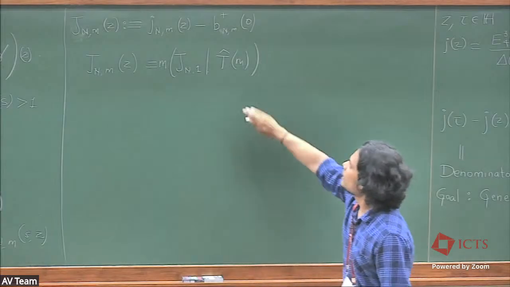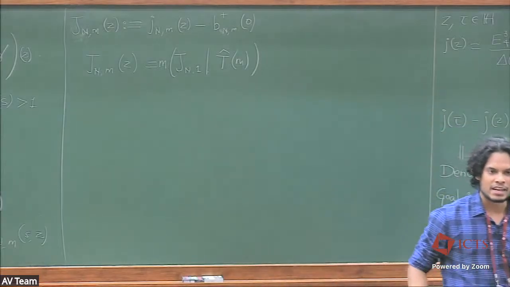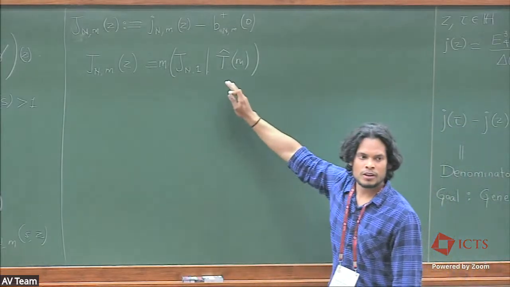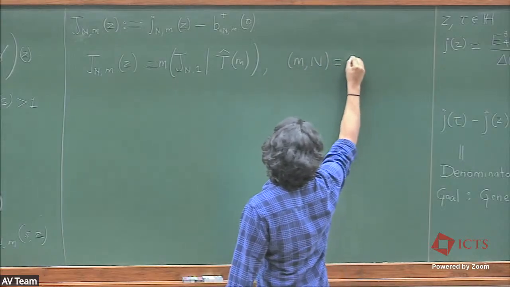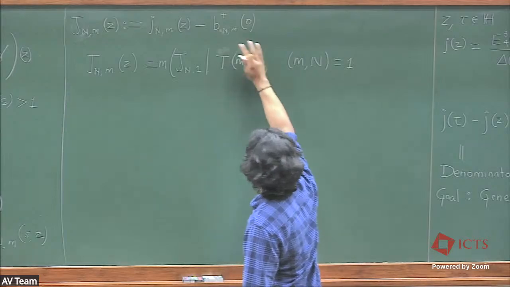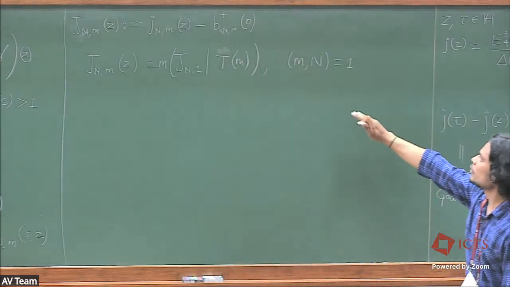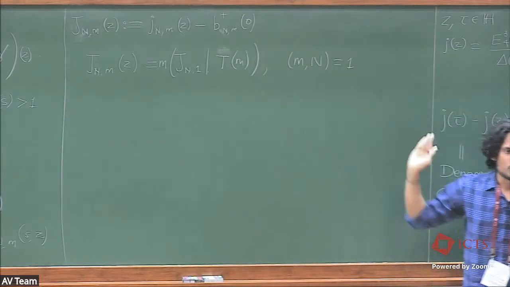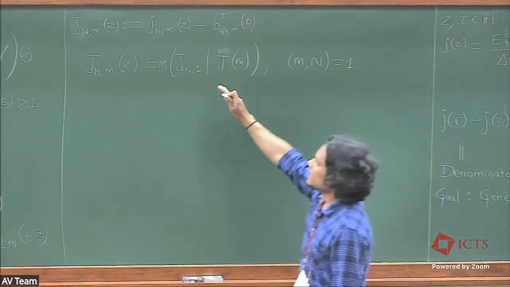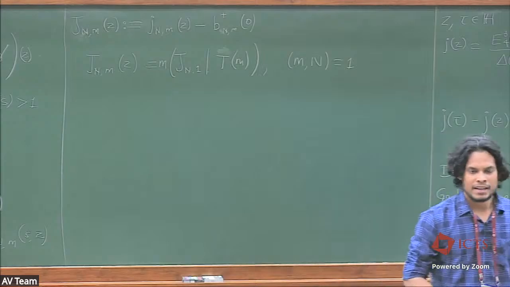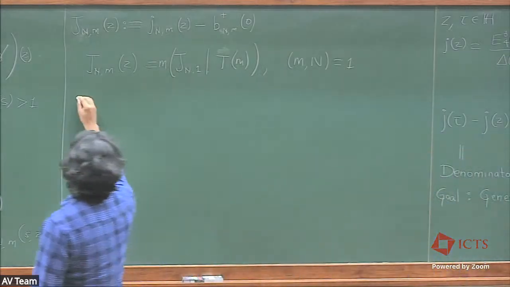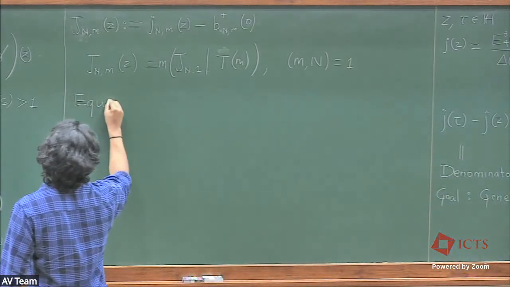If we just take the standard Hecke operator, then this is not true. If we take the standard normalized Hecke operator, this is true only when m and capital N are co-prime. But if we want to generalize this to all m, then we have to generalize the Hecke operator here, and so we need to use equivariant Hecke operators.